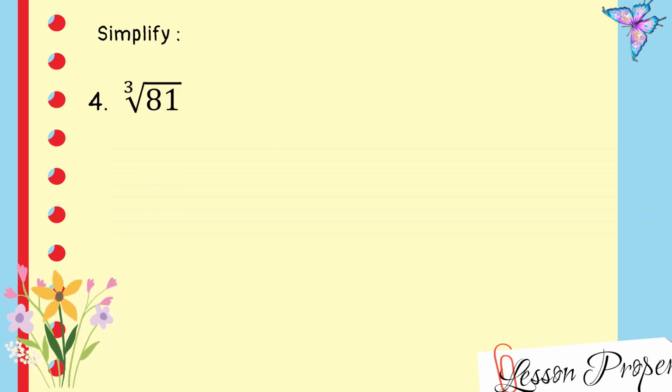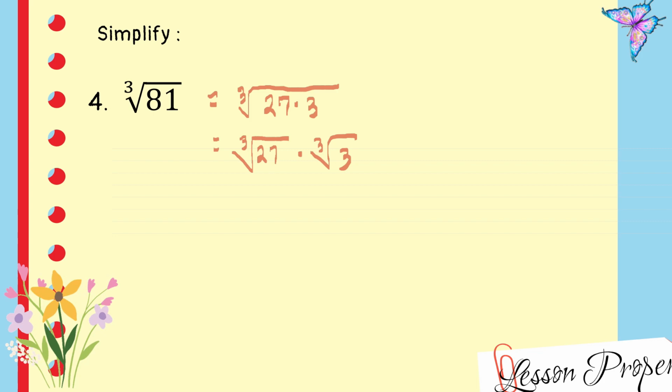Number 3, cube root of 81. Can you give me factors of 81? One is a perfect cube. The answer would be 27 times 3. 27 times 3 is 81. So we can simplify that by having the cube root of 27 times the cube root of 3, or separating the two factors.